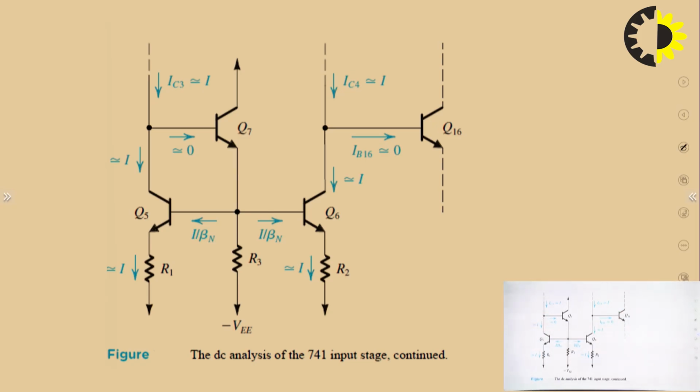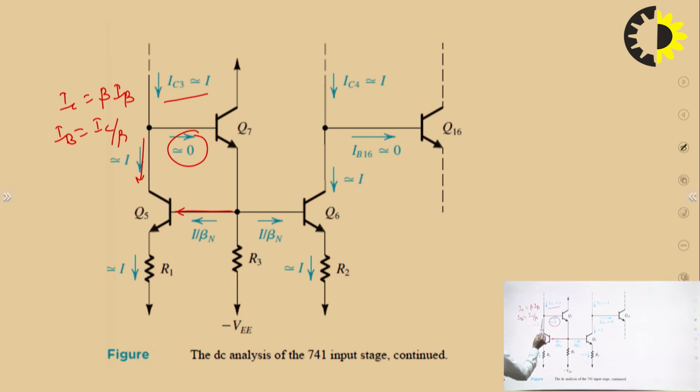Q16. If I consider here that IC3 is I and the base current is almost negligible, this current will also be equal to I, and this current will be equal to I upon beta n, because IC is equal to beta IB and IB is equal to IC upon beta.